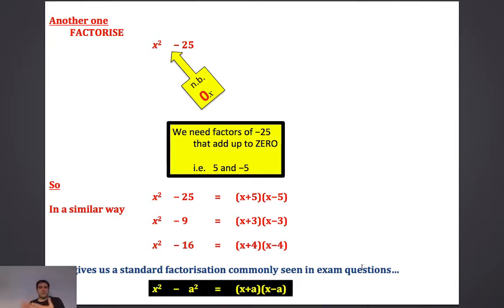Okay, so it's probably easier to recognize just looking at the specific examples than the general form, but do look out for that, because that is quite a common question that you can see on exams from time to time.